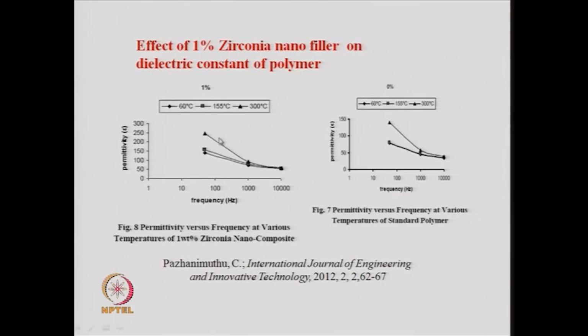So, you get much larger values of the permittivity or dielectric constant by just adding 1% of the zirconia nanofiller in the polymer. So, this is an enhancement of the dielectric constant of the nanocomposite compared to the bulk material, the bulk polymer.